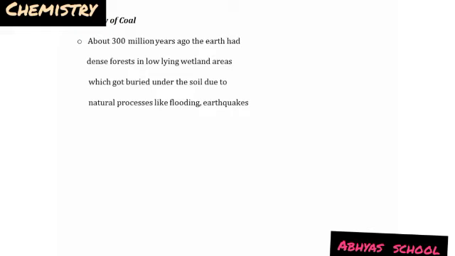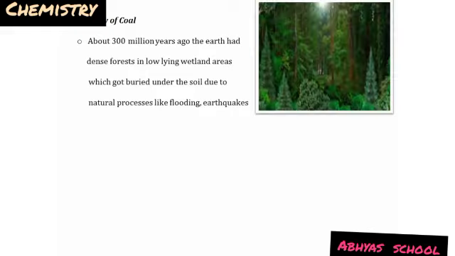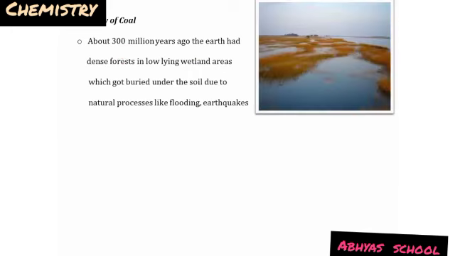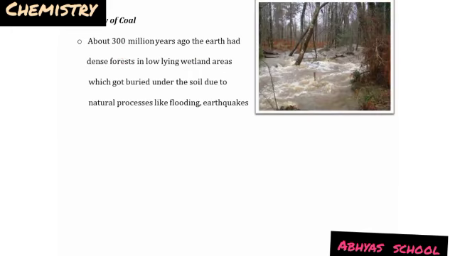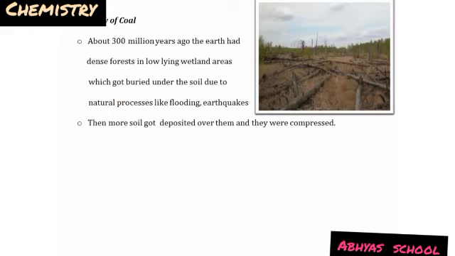So the next question that comes to our mind is, from where do we get coal, or how is coal formed? So let's see. About 300 million years ago, the earth had dense forests in low-lying wetland areas. And these forests got buried under the soil due to natural processes like flooding or earthquakes.